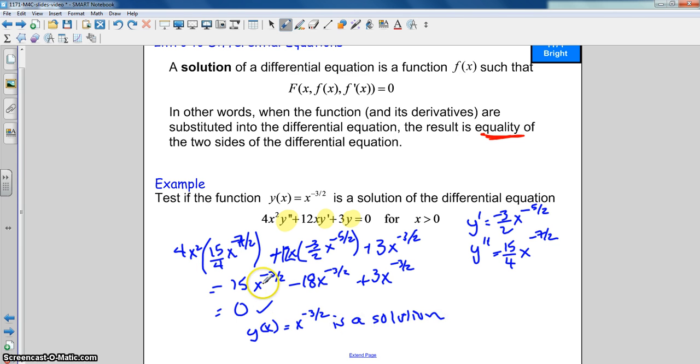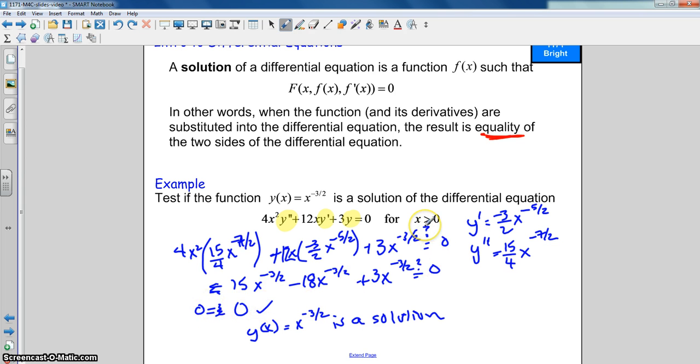Because, again, according to this definition, I want to either get one side equal to 0, or I could have said, is this equal to 0 from the get-go, and set it equal to 0, in which case I would drop all these, and then I'd get 0 is equal to 0, and that would be true.